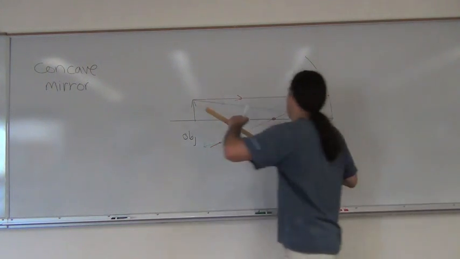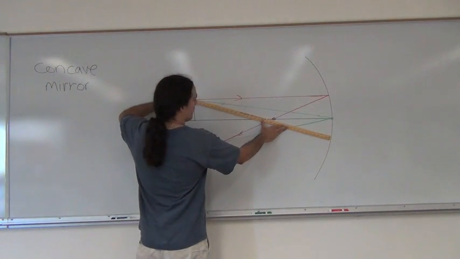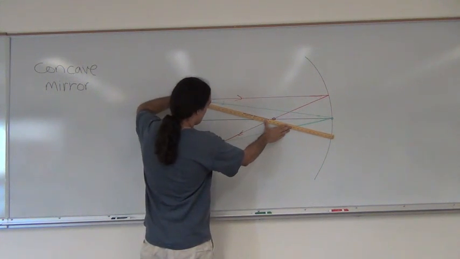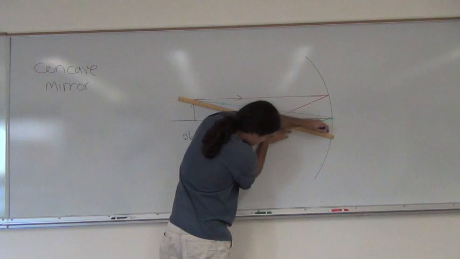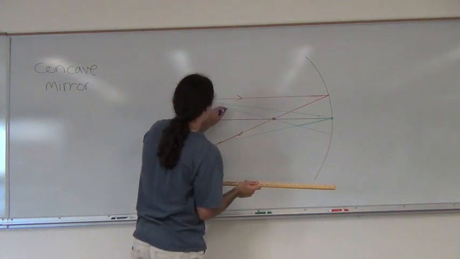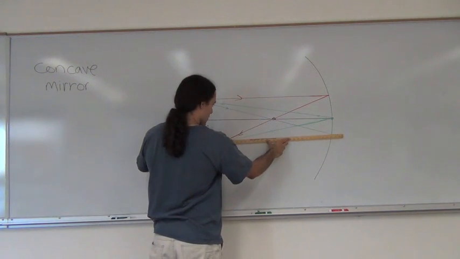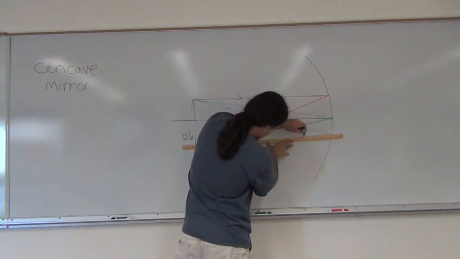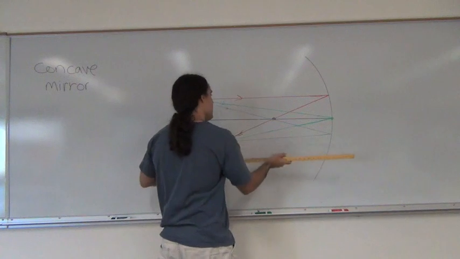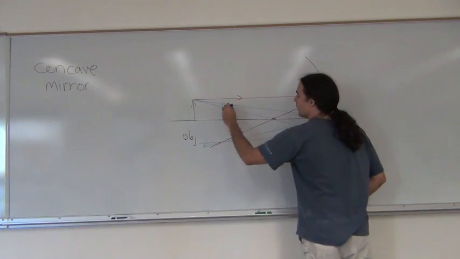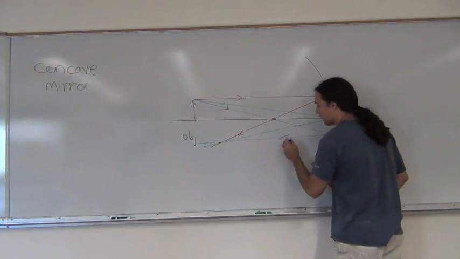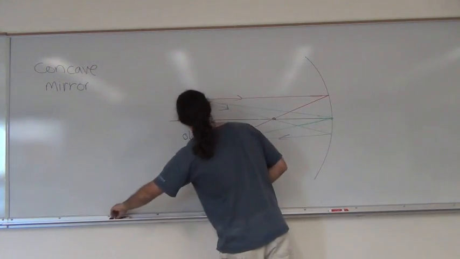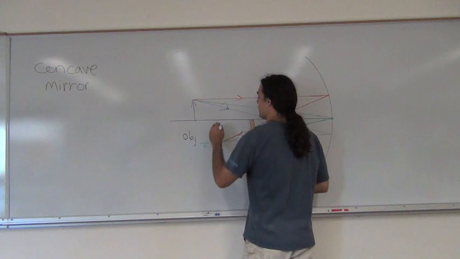Now let's come in through the focal point and come out horizontally. We'll come out this way. And you'll see light goes in this way, bounces back this way. You see, we will get an image of the object right here.